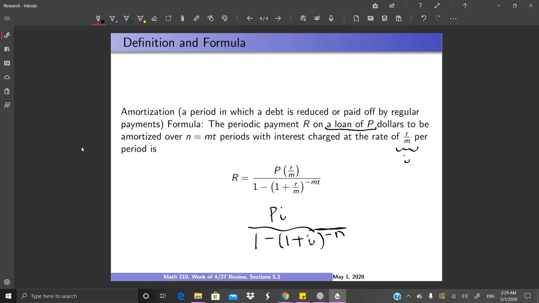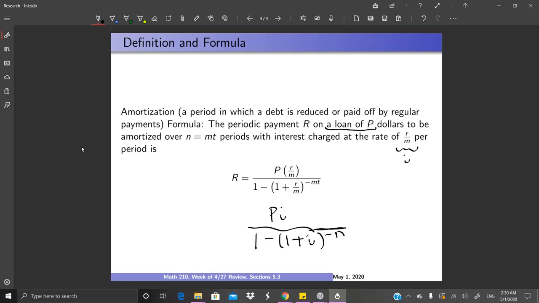Okay, so now the idea is you want to make payments to reduce a debt, and you're paying it by regular payments. So, right, it's periodic. Maybe you're paying them every month, every quarter, every year, or so on. That's all determined by whatever your value of M is, whether it says annually, semi-annually, quarterly, monthly, weekly, daily.